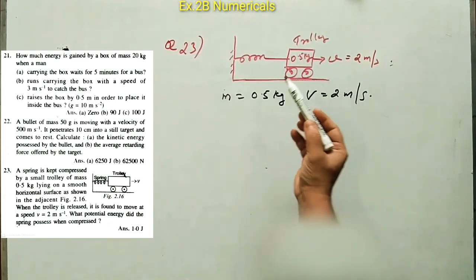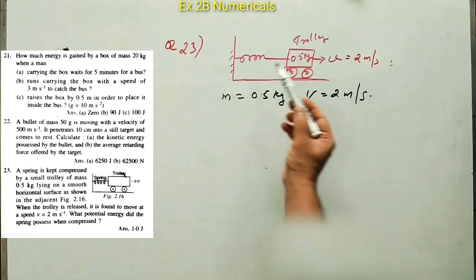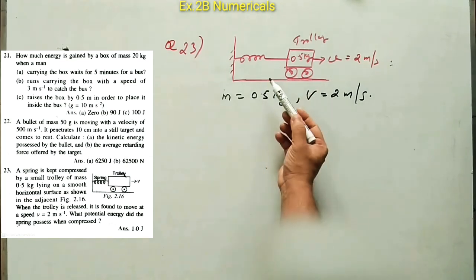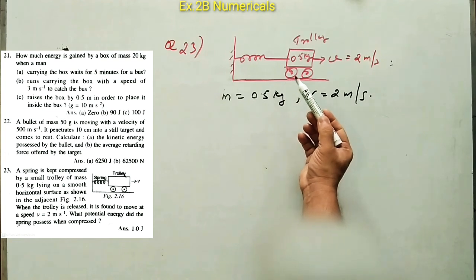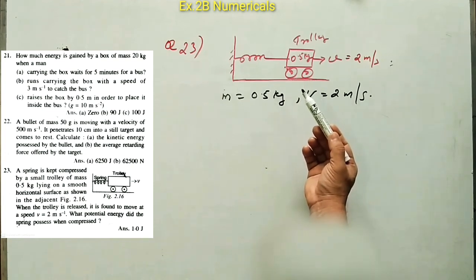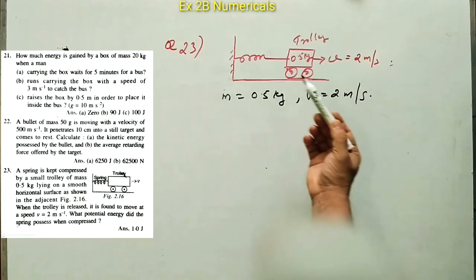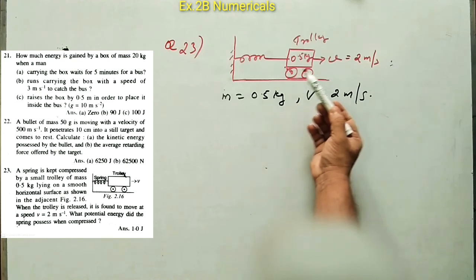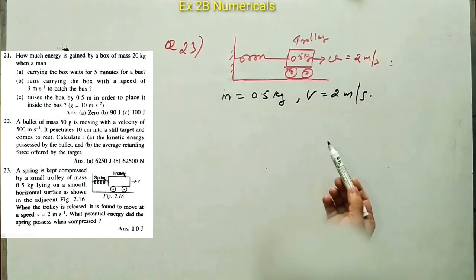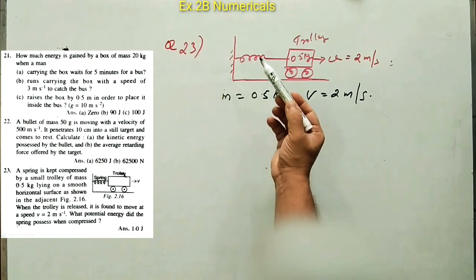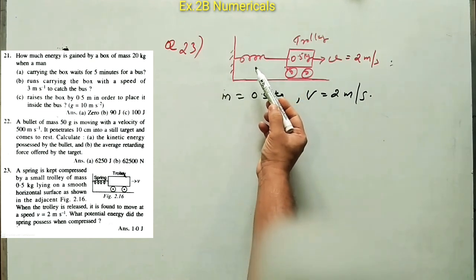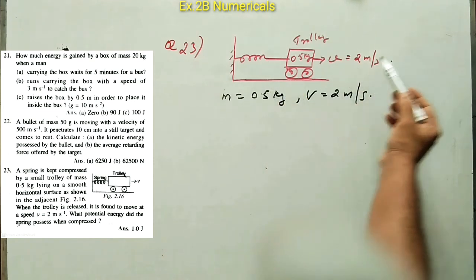So as you can see, the spring is kept compressed here. When the compressed spring is kept, it has some potential energy. So when it is released, the spring moves the trolley with a speed of 2 meters per second. In doing so, the potential energy possessed by the compressed spring is getting converted into kinetic energy.